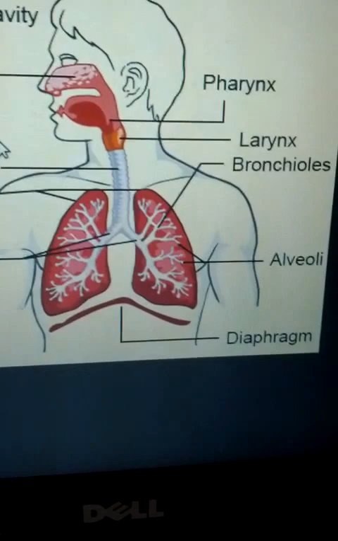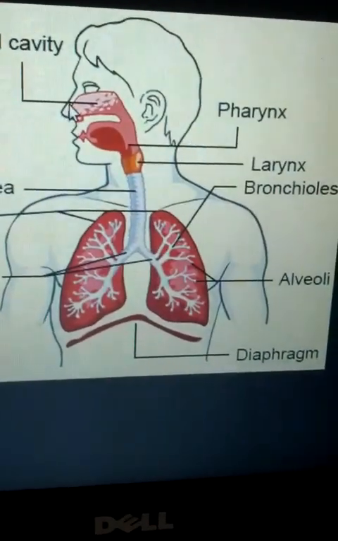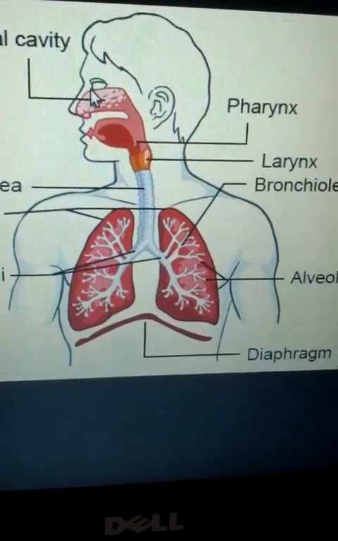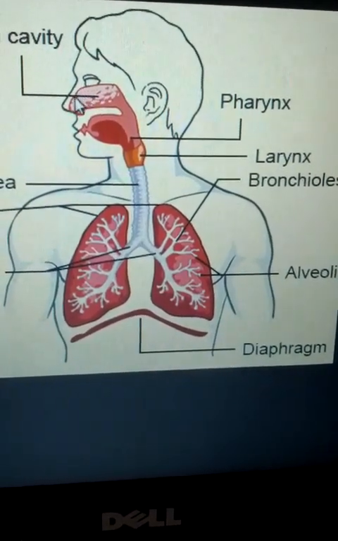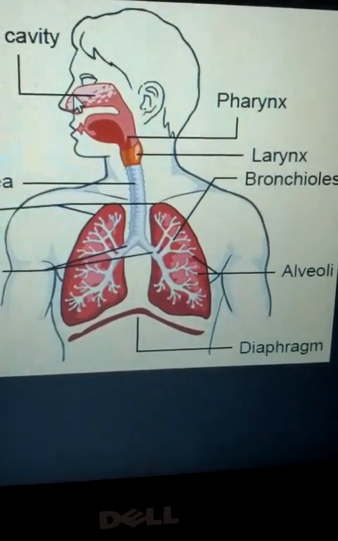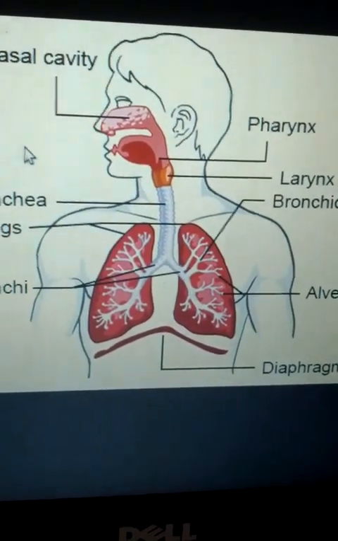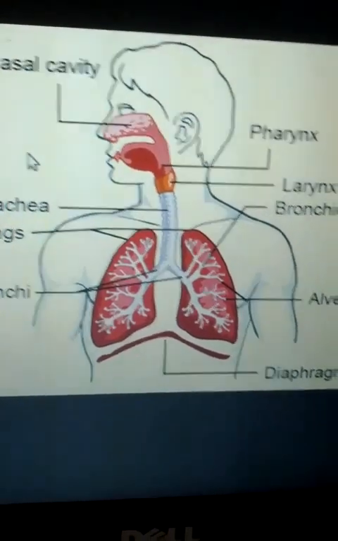Now let's see what happens when we breathe in. There is a small hair-like part in the nostril, and the lining of the nostrils is moist. There will be dust in the atmospheric air.